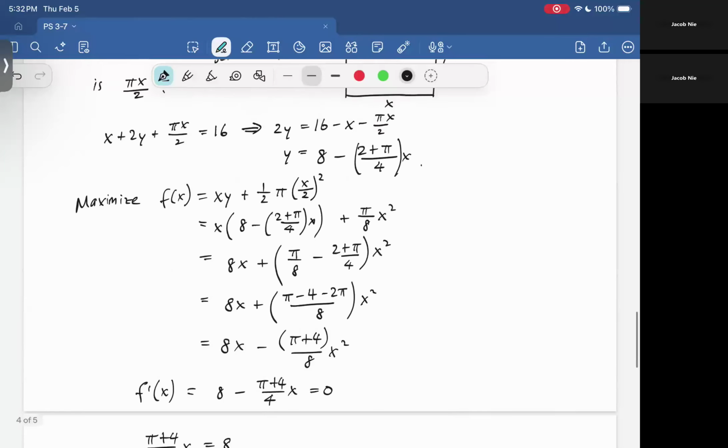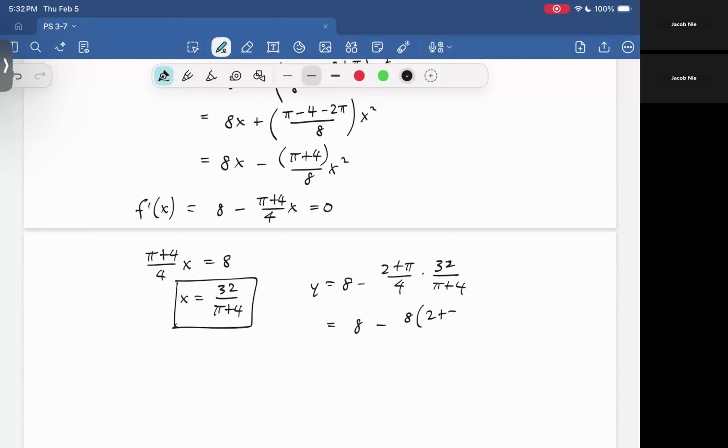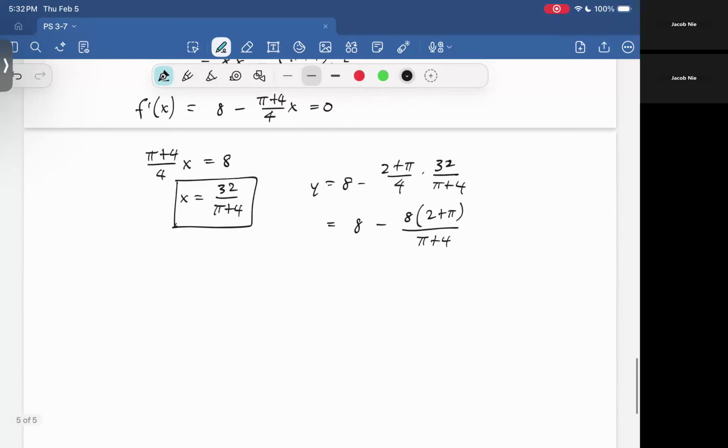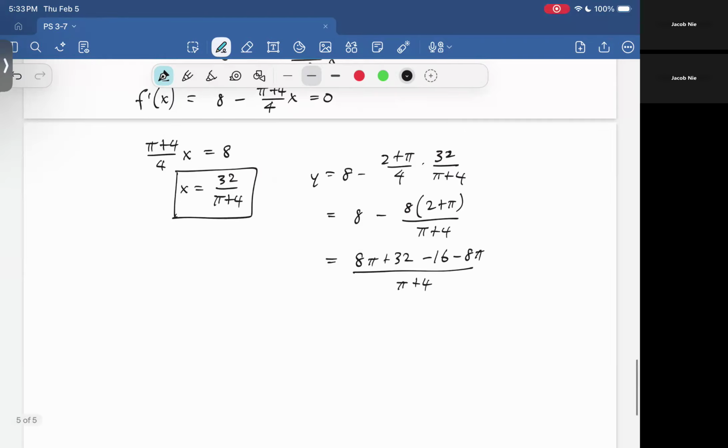And so this is going to give me 8 minus 8 times 2 plus pi over pi plus 4, which gives me 8 pi plus 32 minus 16 minus 8 pi over pi plus 4, which is equal to 16 over pi plus 4. There we go. That makes sense. Okay.